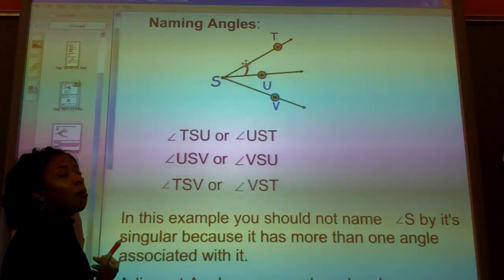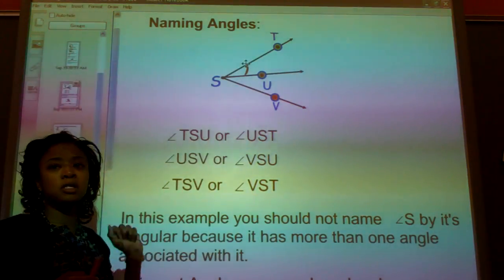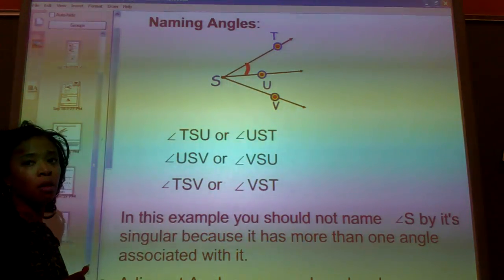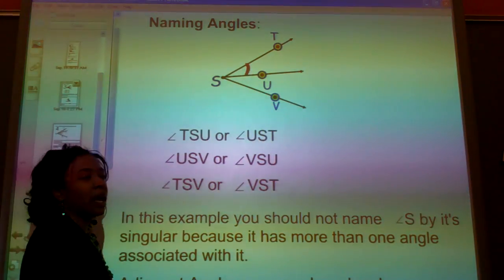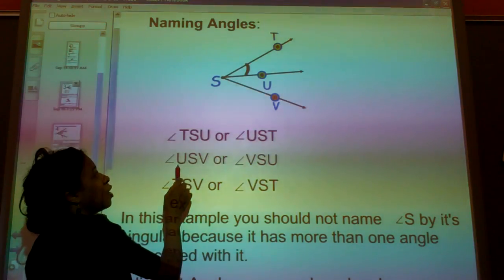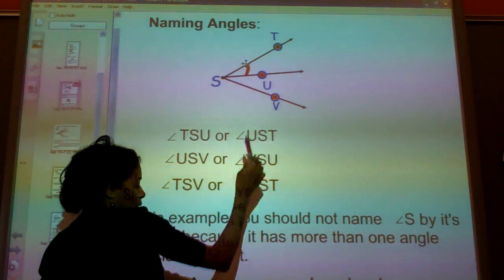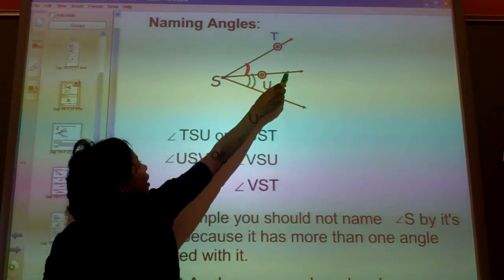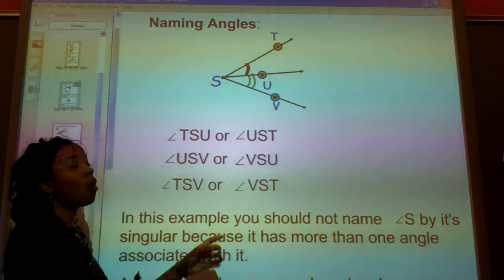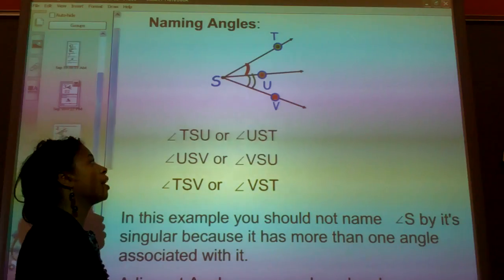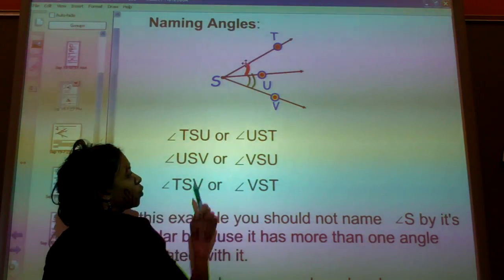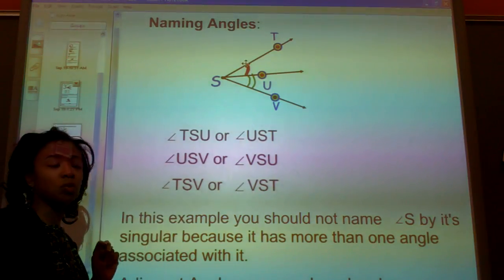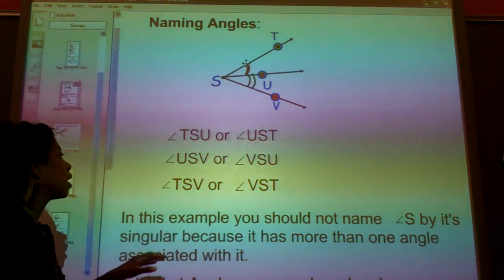Both of those angle names mean the same thing, and I'm referencing this particular angle. The second angle that I see is angle USV, meaning I'm referencing this angle, angle USV. The other name for that angle is angle VSU. Still referencing the same angle here, however it has 2 names in which you can call it.